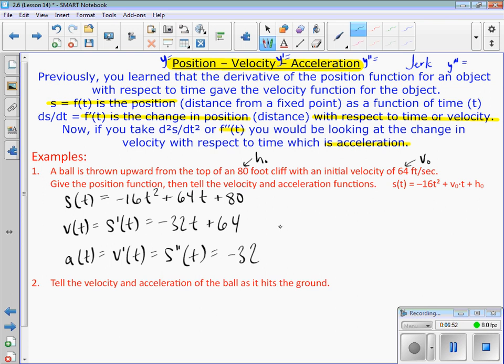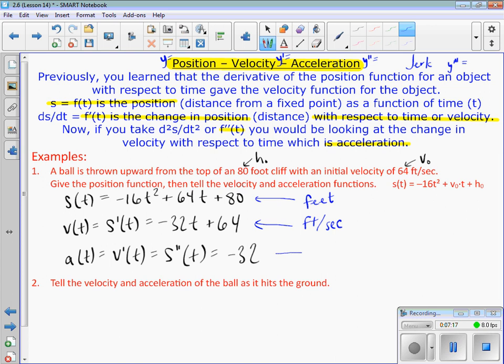Now let's just label these just for us to have the labels. What would be the label of a position in this case? Feet, right? What would be the label for a velocity? Feet per second. Yep, and here it's actually given in feet per second. And then how about acceleration?